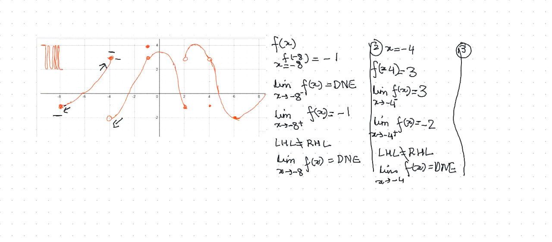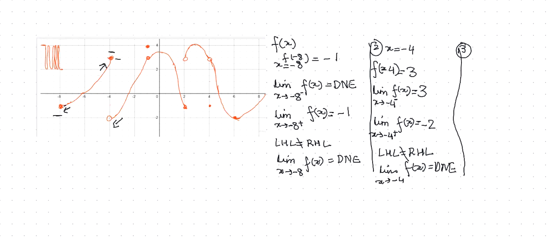It doesn't care about what the function is doing at the point. So closed dot means the value of the function is also that, and empty dot means the value of the function at that point is not that value. Okay.